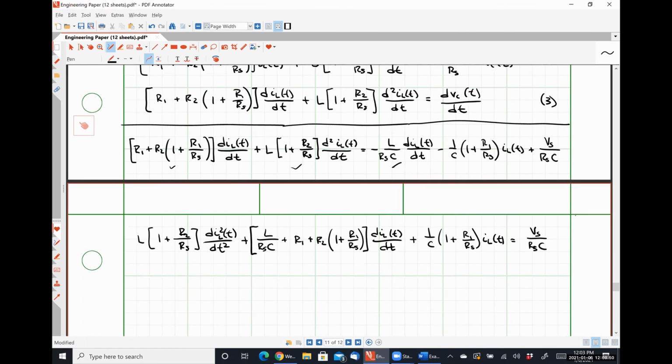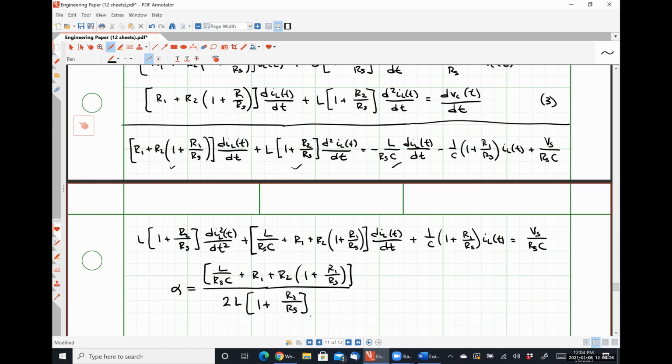So that means that alpha is going to be L over RSC plus R1 plus R2, 1 plus R1 over Rs, divided by twice L times 1 plus R2 over RS.